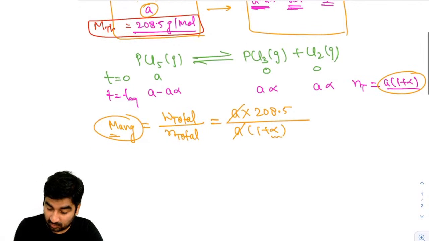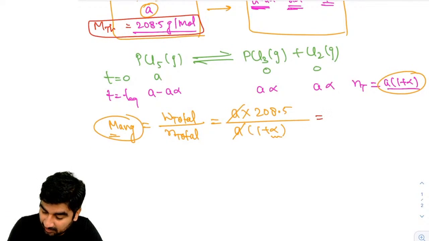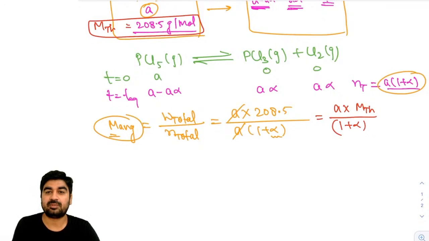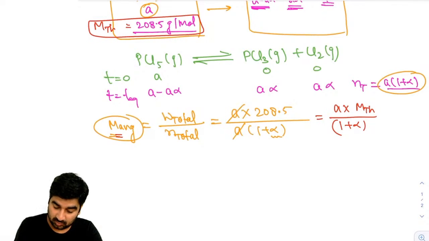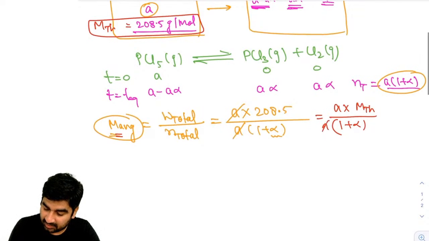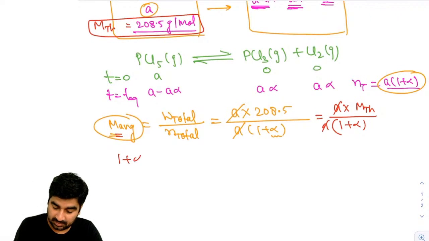We can write it as A into theoretical molar mass over A into average molar mass equals 1 plus alpha. A will get cancelled out, so 1 plus alpha will be M theoretical over M average.